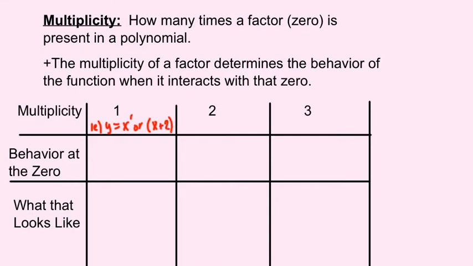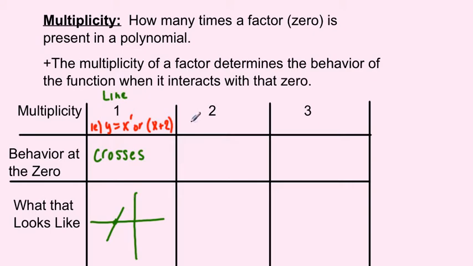We say that the behavior, what it does at that zero, is it crosses through, or just crosses at that zero. It's degree 1, this factor. That means it's going to look like a line. That's why it's just going to cross through. So if I have an x-intercept over here and it has degree 1, I'm going to know that it's just going to cross through in a straight way.